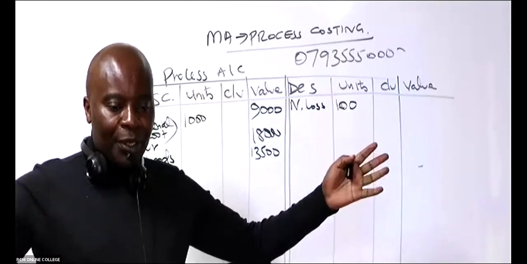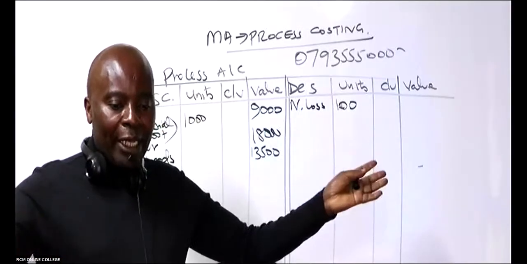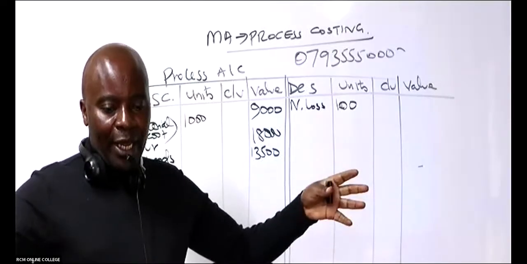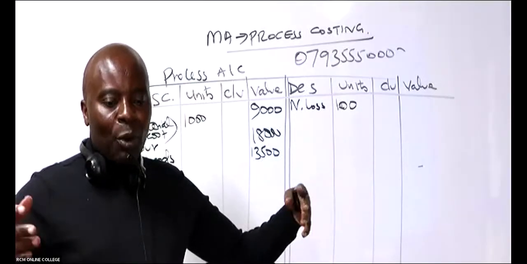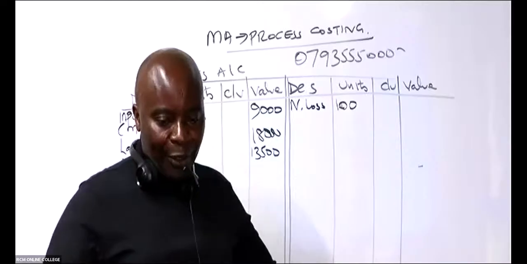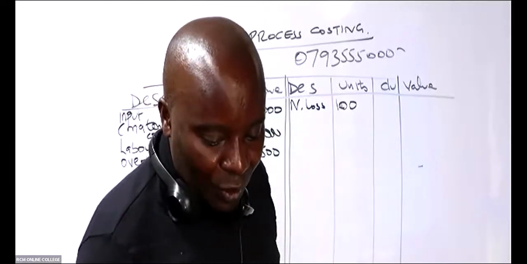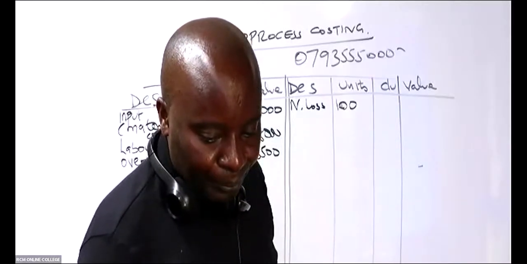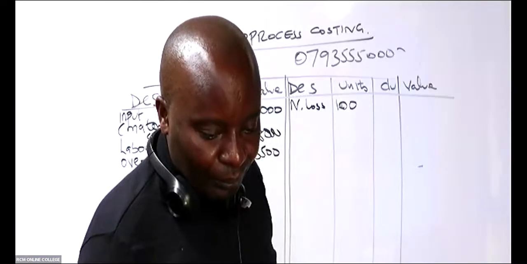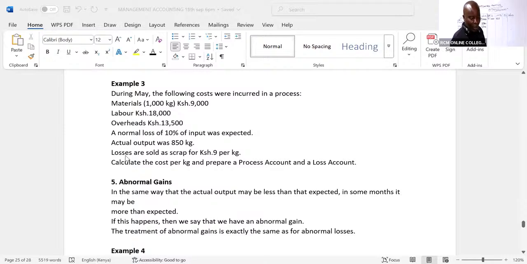We scrap them, or sell them at a throwaway price. If it is given, we shall always sell them, so we multiply by the scrap value. Has the scrap value been given in this question? You can see in this case, losses are sold at a scrap value of 9.